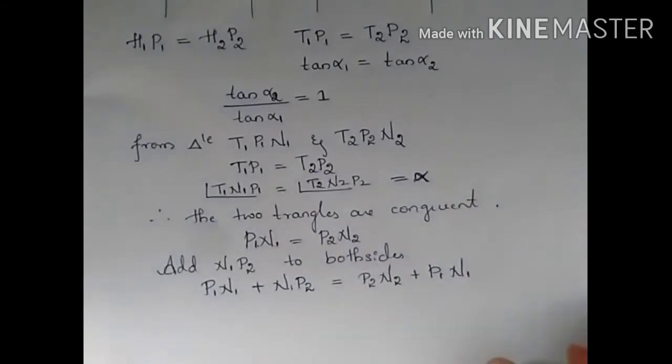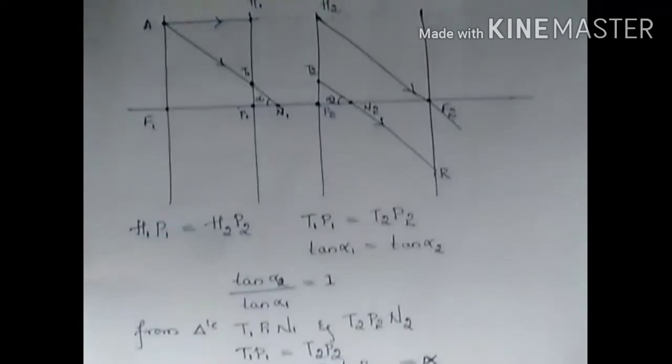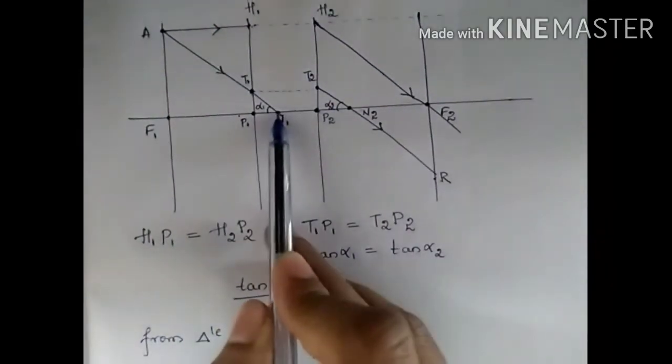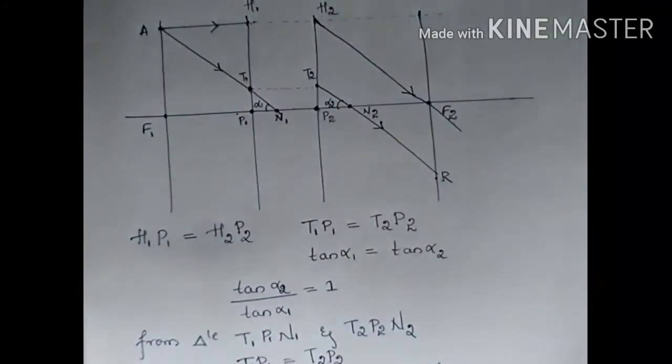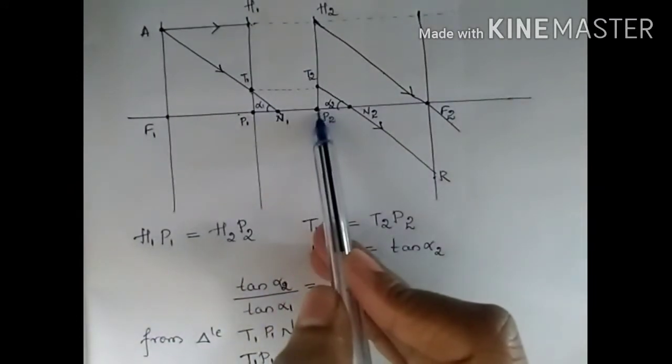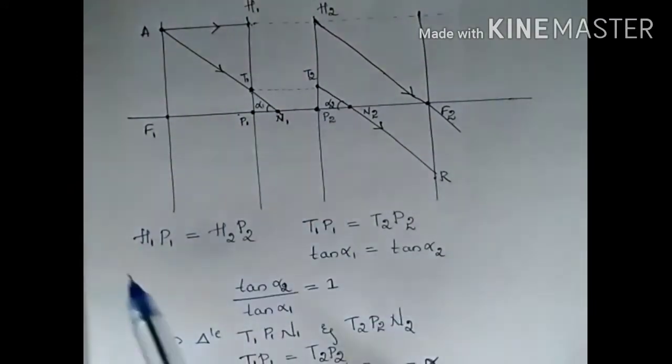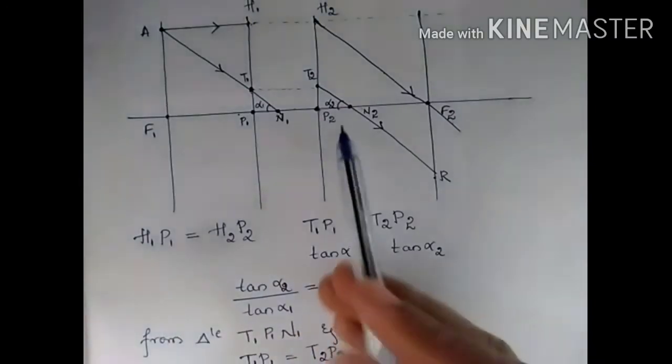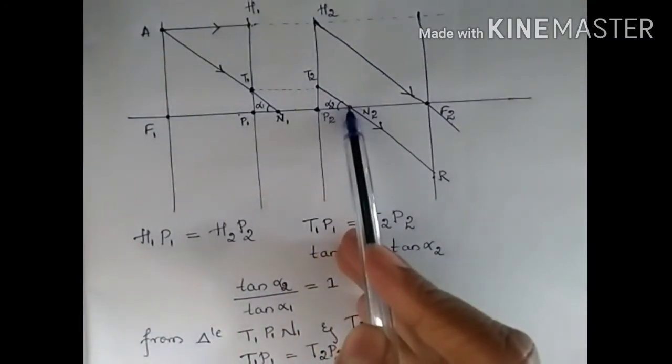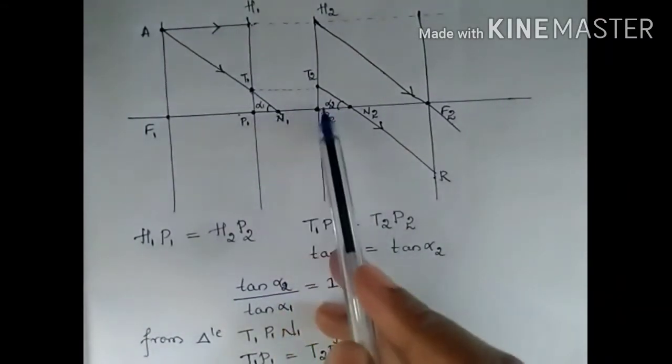This is the equation that you get if you add N1 P2 to the equation P1 N1 is equals to P2 N2. So from the diagram let us see what is P1 N1 plus N1 P2. This overall distance will give you the left hand side, and on the right hand side you have P2 N2 plus N1 P2.